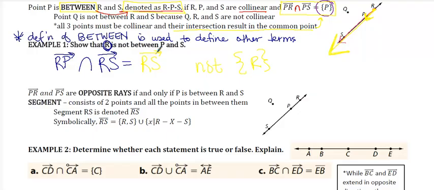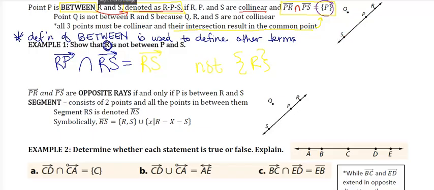Okay. Another vocabulary word that we have is opposite rays. Ray PR and ray PS are opposite rays if and only if P is between R and S. Again, I get to erase and look at this line. I would recommend you drawing yourself one.